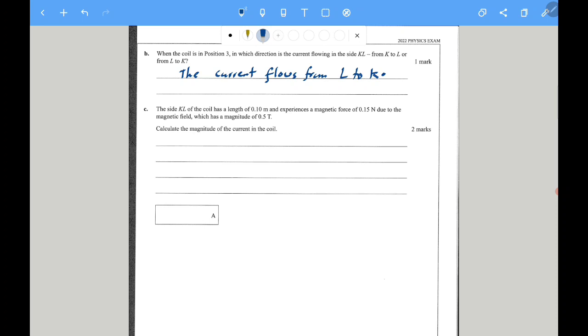The side KL of the coil has a length of 0.1 meters and experiences a magnetic force of 0.5 newtons due to the magnetic field, which has a magnitude of 0.5 Tesla. We are asked to find the current in the coil.